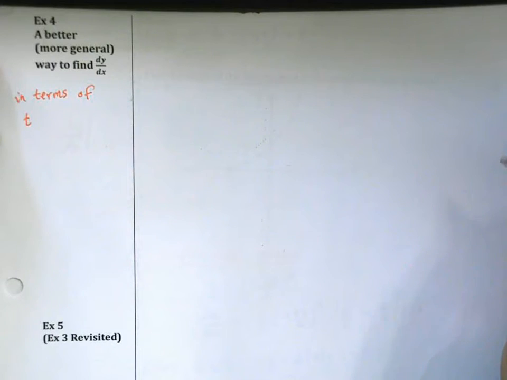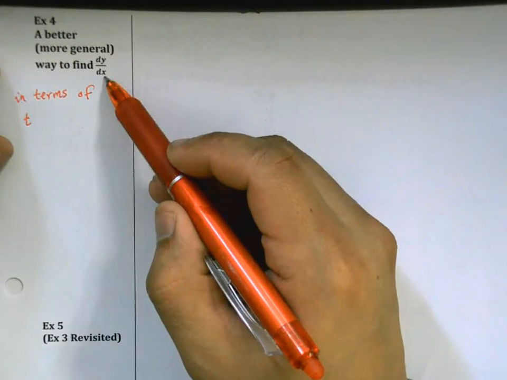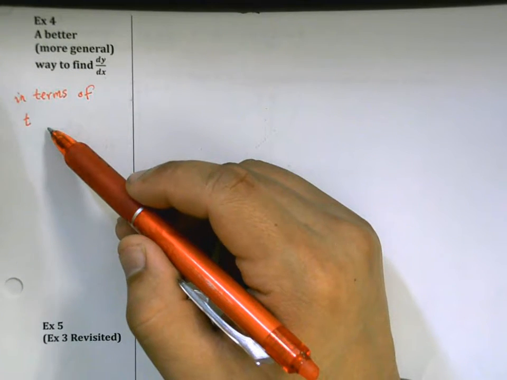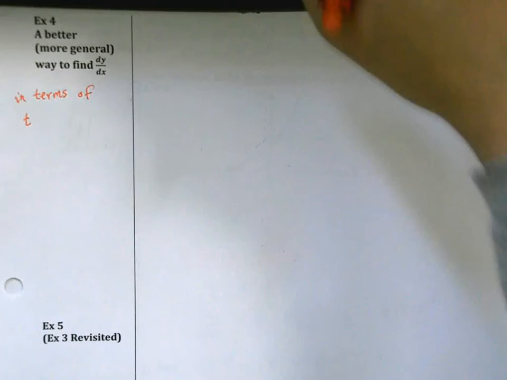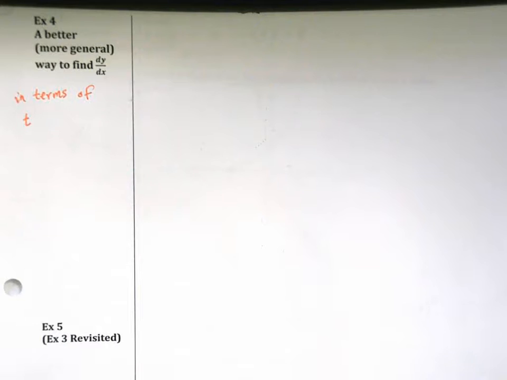So this is a little bit weird that we want to find the derivative with respect to dy dx, but we want to do it in terms of t, because we don't want to have to use t to calculate x, calculate y, and then plug it in. We just want to be able to plug t in right then and there.